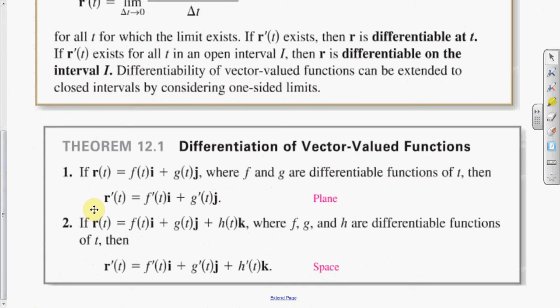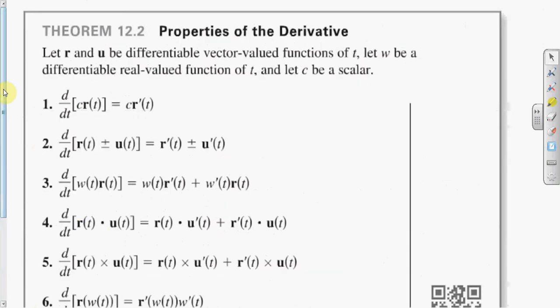So find the derivative of r of t. You just find the derivatives respectively of the individual functions. Here, the result of the derivative is still a vector valued function. It's still i, j, and k. The same thing for the integral as well. The properties of the derivative are the same properties from calculus 1.